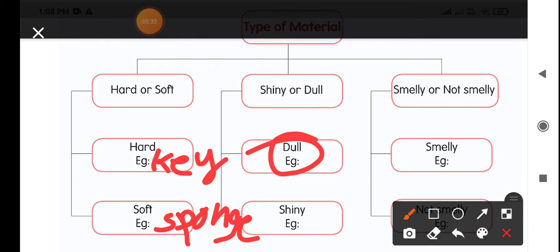When you keep some things for many days, they rot and give a bad smell. Like a banana, when you keep it for many days, it gives a bad smell, which means it can rot. The things which rot we call biodegradable.